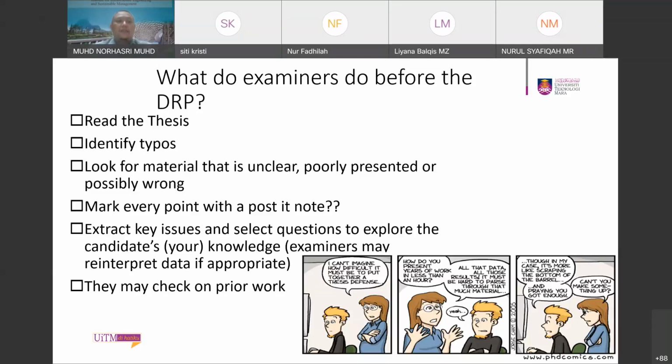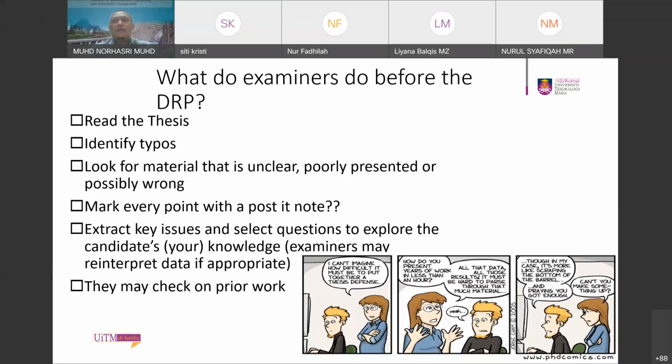Identify typos, check for poor presentation, wrong information, and if there is any information which is lacking, make note of it.